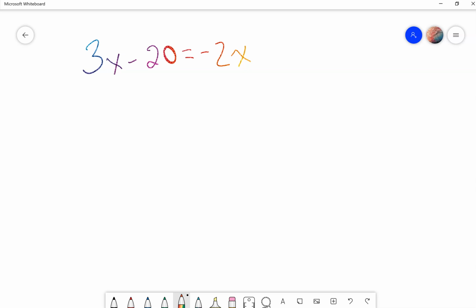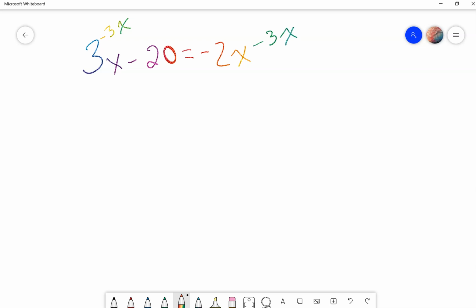I want to get the x's on one side and my negative 20 on the other. So I am going to subtract 3x from both sides.